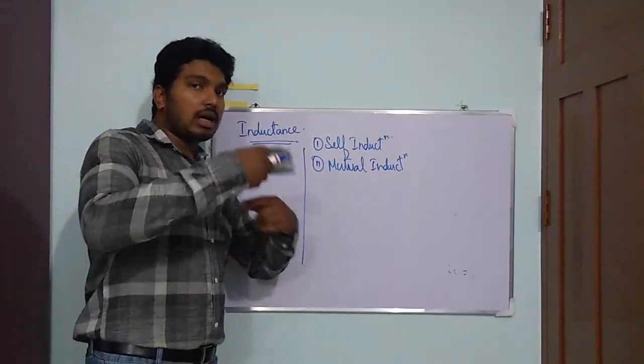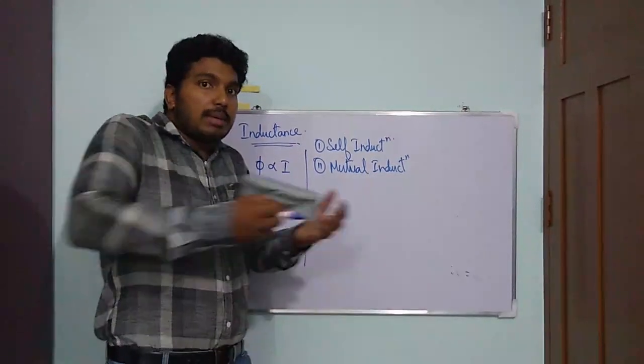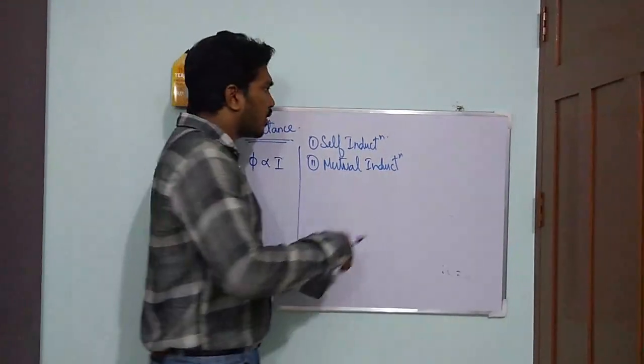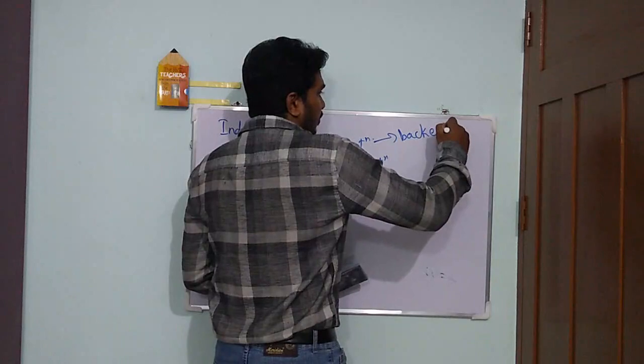So when a current flowing through the coil is changing, it actually induces an EMF on the same coil itself. That process is known as self-induction. Sometimes we also refer to it as a back EMF.